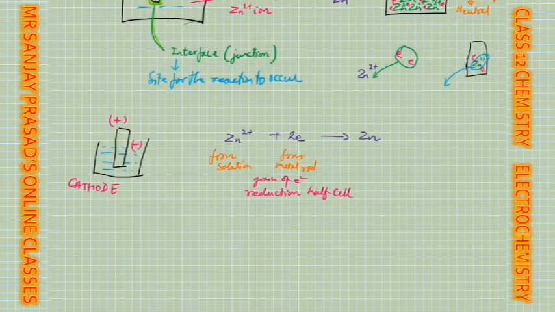So if this happens, it can be written this way. Look here, I'm just writing Zn. This was on the metal rod. When it was on the metal rod, it was neutral. It is giving out its electrons, and when it gives out its electrons, it goes Zn2+, it goes into the solution.